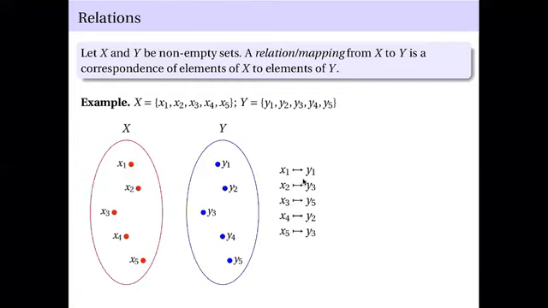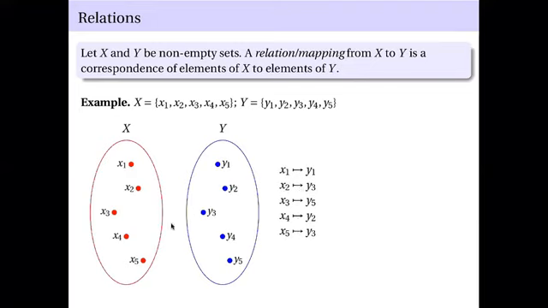So this is a correspondence between elements of X to elements of Y. We read this as X1 maps to Y1, X2 maps to Y3, etc. This is a relation or mapping.